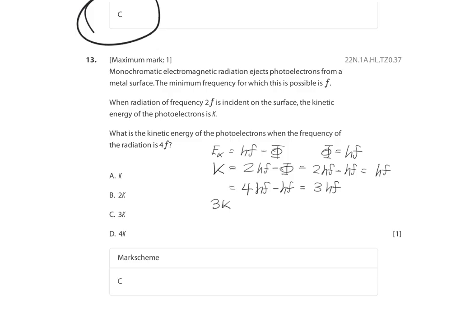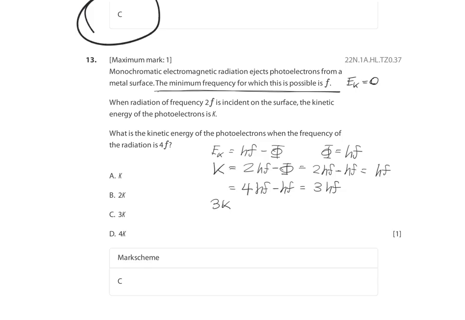The minimum frequency for which this is possible is F. So basically, the very smallest amount is F, which means the kinetic energy is zero, just barely getting over the work function. If the kinetic energy is zero, that means that with HF minus the work function, the work function is going to be HF.